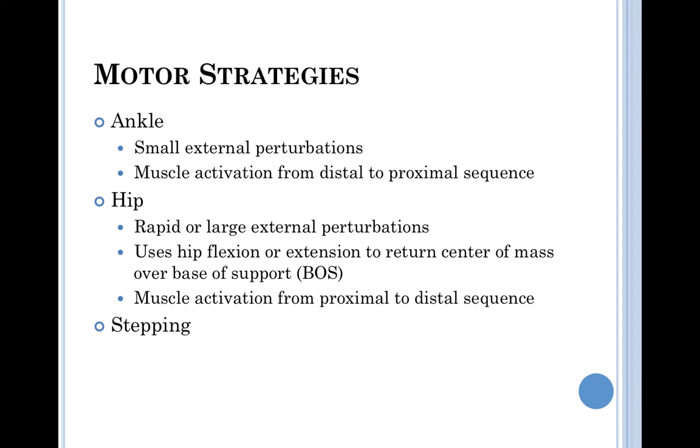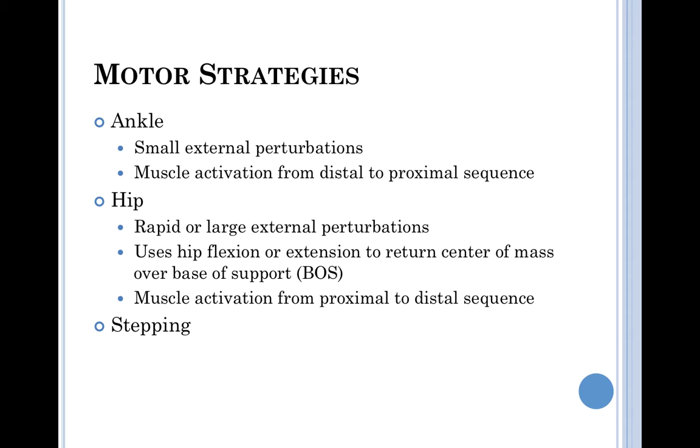If it's from the front, then your abdominals will kick in, and then your quads, and so forth. I like to think of the hip strategy if you can visualize a gymnast on that balance beam, and she does a little jump or a flip, and she lands, and she starts to lose her balance. You can see her really kicking in that hip strategy to prevent herself from falling off that balance beam.